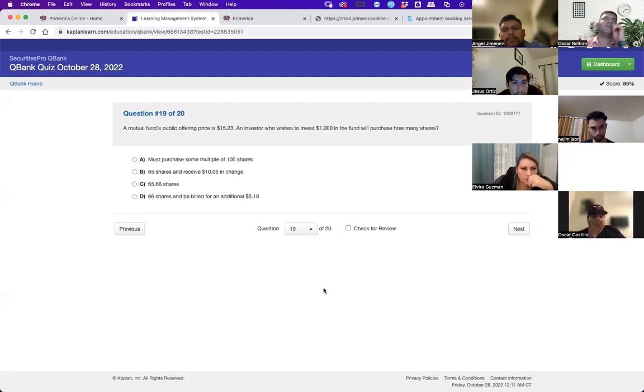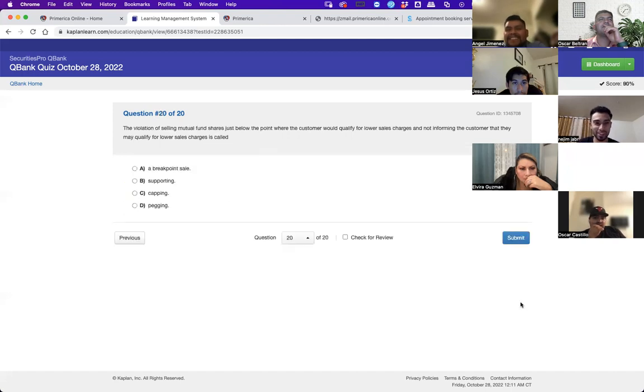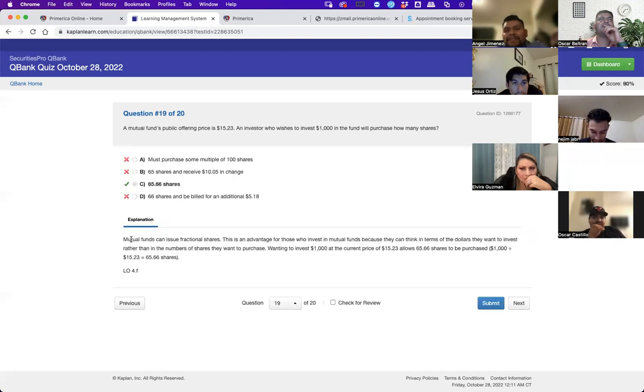All right, a mutual fund public offering price is $15.23. An investor wishes to invest. C. Man, the math pretty quick. There's no math. It's just easy. You know why he said that? Because there's no way you're going to get a whole number off this number here.